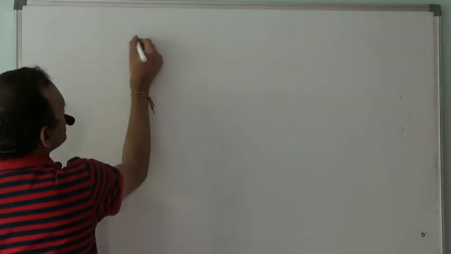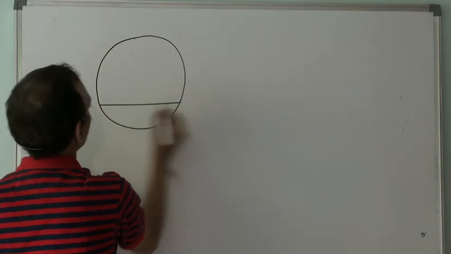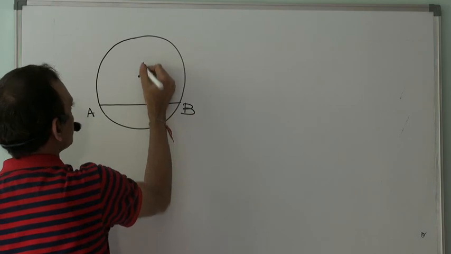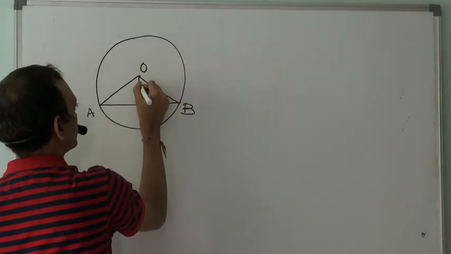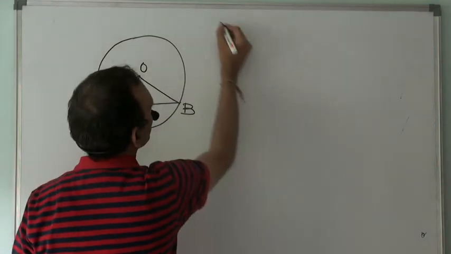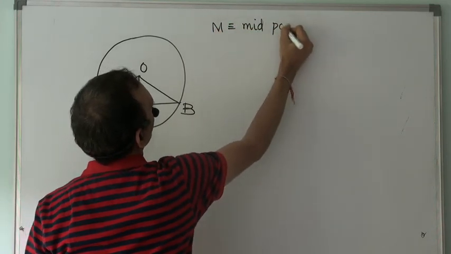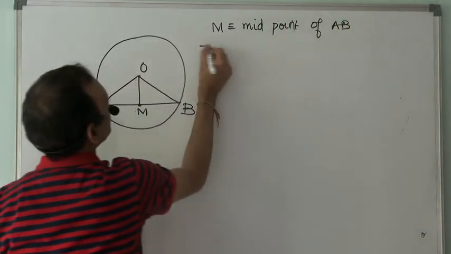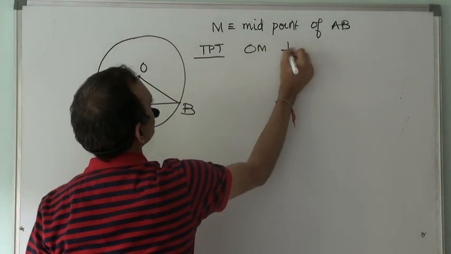Which means if this is a circle, this is a chord AB, and if O is the center of the circle, and if M is the midpoint of AB, the chord, then we want to prove that OM is perpendicular to AB.